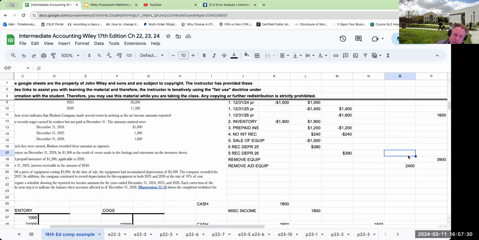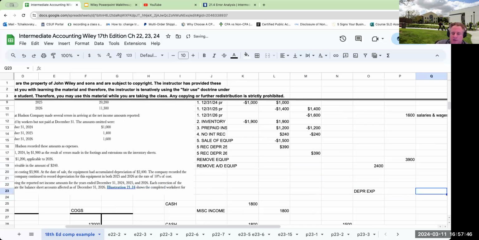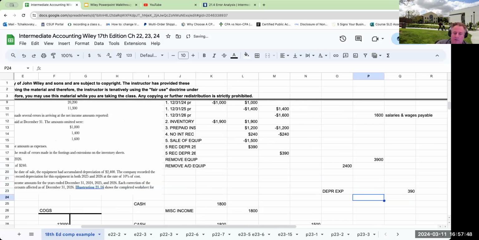At the same time, when I was recording the depreciation expense, the journal entry I'm going to use is depreciation expense. This is what I did over here for 390. I'm crediting accumulated depreciation on the equipment for 390.